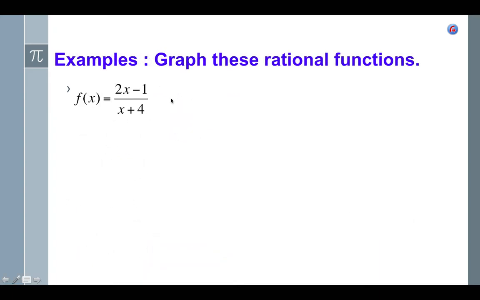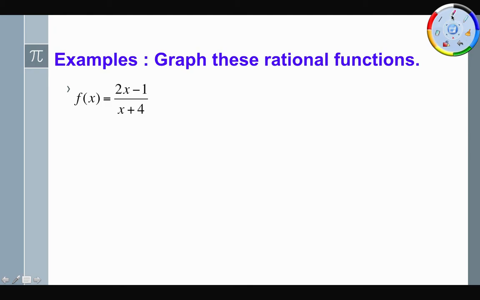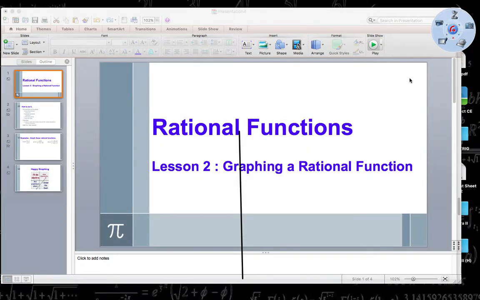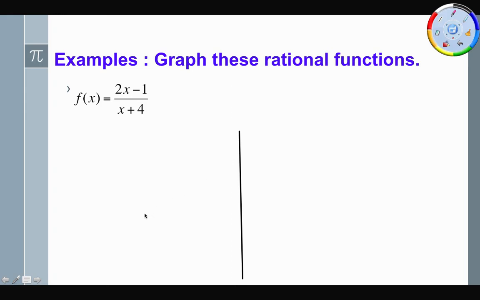So, first example is going to look a little bit familiar because it is the first example from the previous lesson. And what I'm going to do here is set up a set of axes. If this thing would stop doing that to me. All right, I'm going to put in some numbers here.